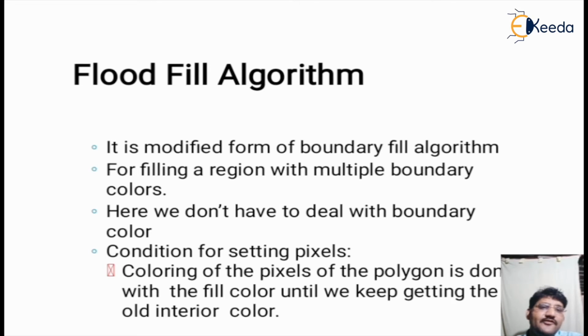The condition for coloring a pixel is that coloring of the pixels of the polygon is done with the fill color as long as we keep getting the old interior color.